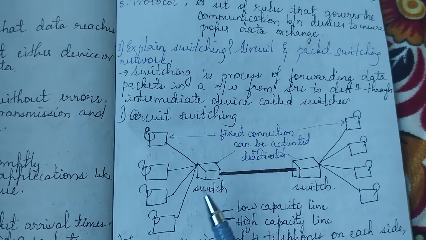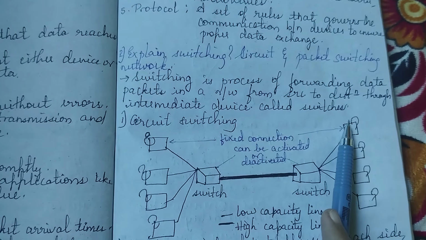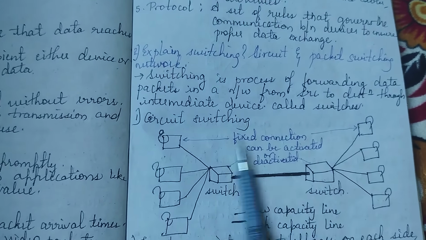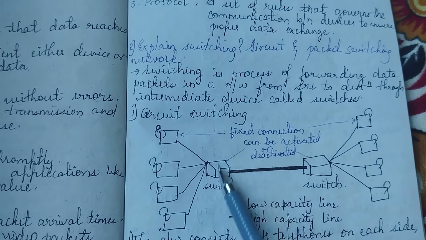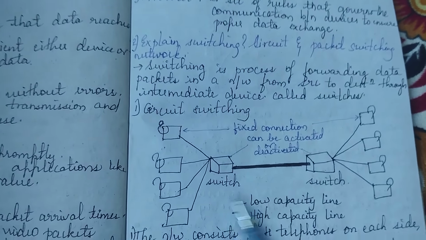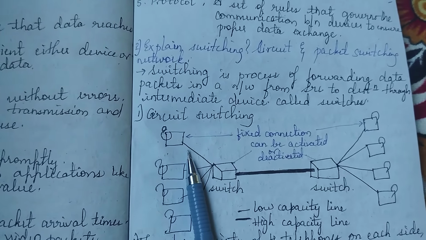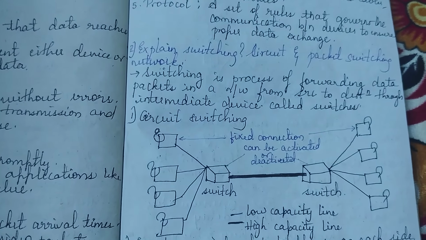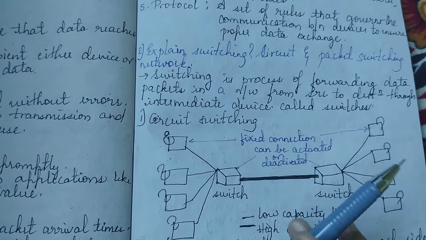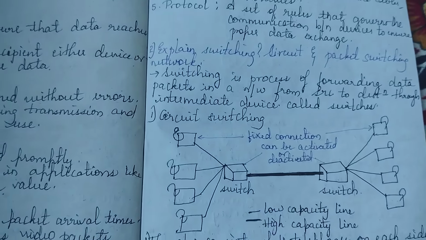Remember, if one telephone is connected to another telephone, it is called a fixed connection. This fixed connection we can activate or deactivate. So how to remember this: suppose you have a telephone in your home, and it gets deactivated because maybe you have not paid the bill for the calls. So it can be activated or deactivated, depending, right? That is the situation.